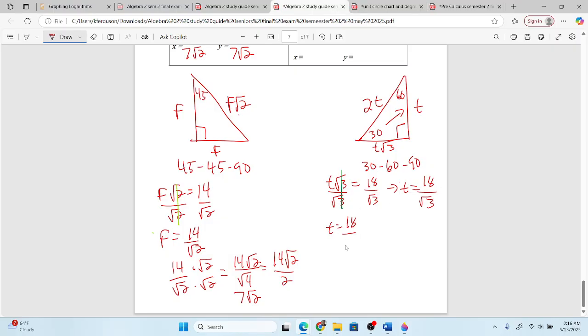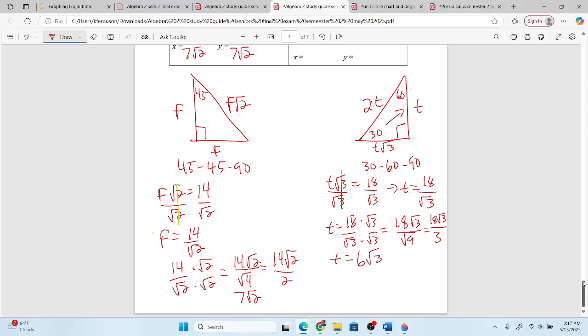So I'm going to multiply by the square root of 3 on top and bottom. And that's going to give me 18 times the square root of 3 over the square root of 3 times the square root of 3. They're both in the room. So that's 3 times 3, that's 9. And I know the square root of 9 is 3. And that's 18 square root of 3 over 3. 18 divided by 3, I can do that. That's 6 times the square root of 3.